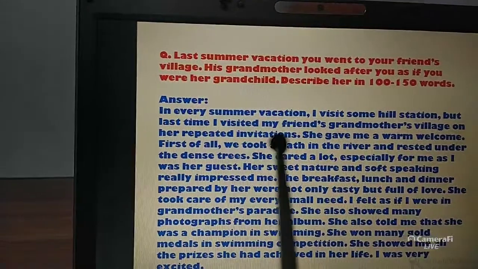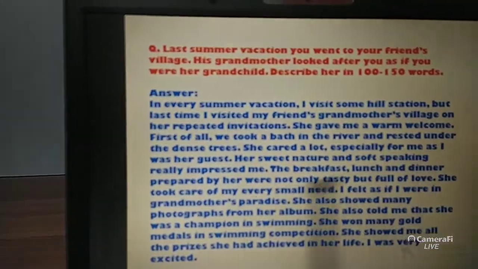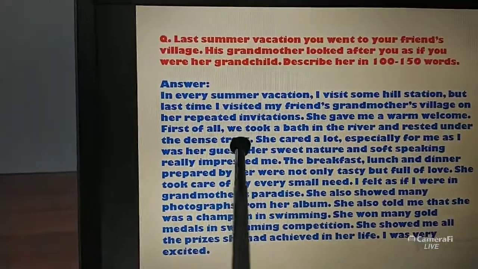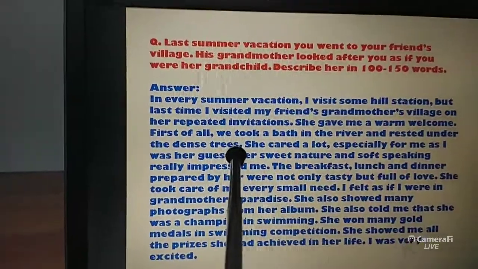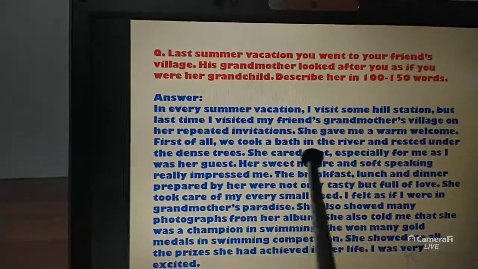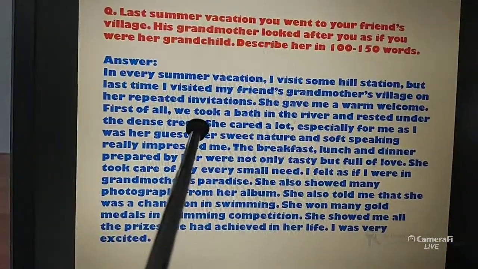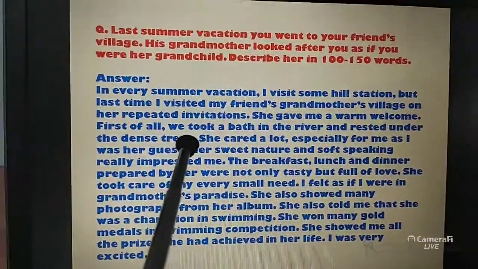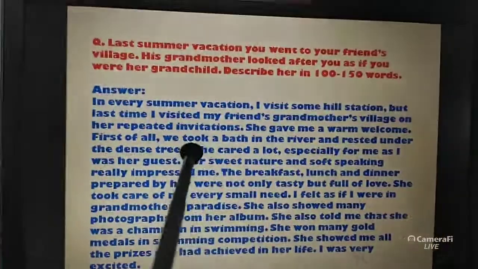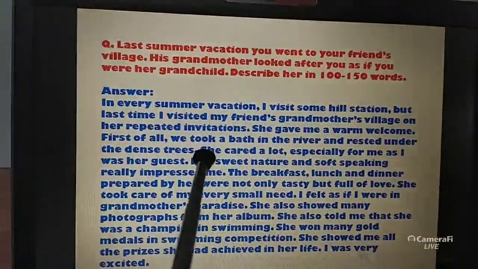First of all, we took a bath in the river and rested under the dense trees. So this is the description, you really did that. To other people you are describing this. Similarly in the writing also you are writing this, because you are writing it for others. You should make the descriptions in detail.